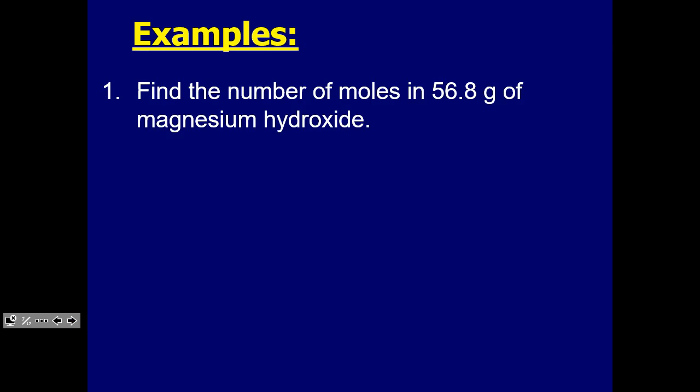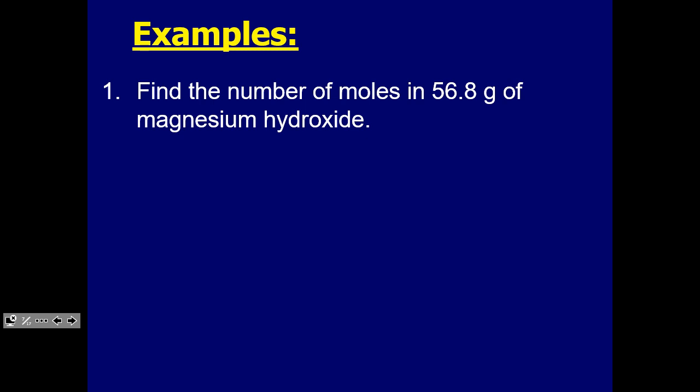Find the number of moles in 56.8 grams of magnesium hydroxide. Now, I am going to show you a little technique that I like to use when doing calculations like this, because as we continue on and do more complicated questions, sometimes it's useful to have a map that guides us in our thoughts.